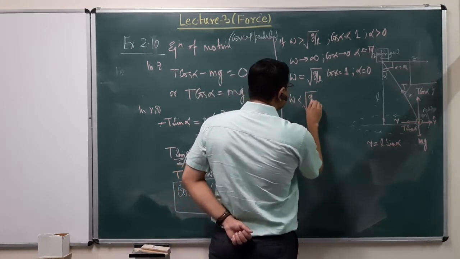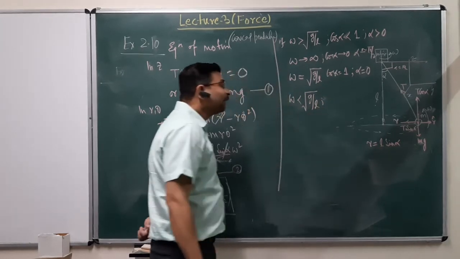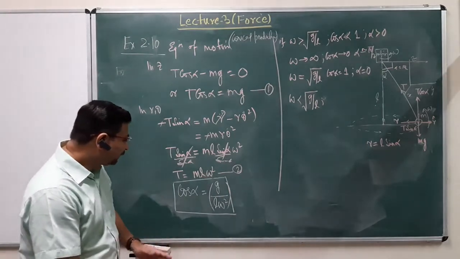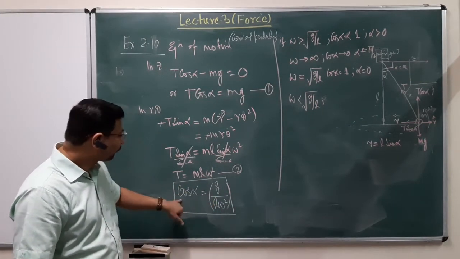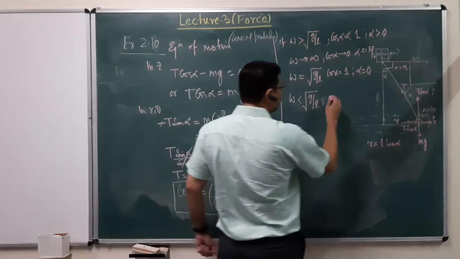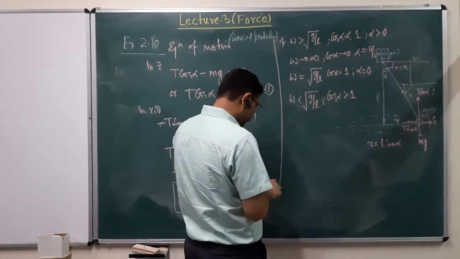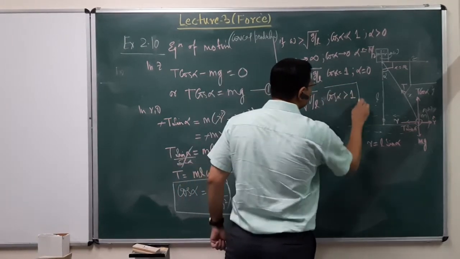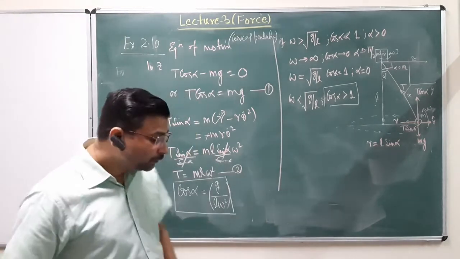What about when this goes less than the square root of g by L? That means if omega square is less than g over L, then cos alpha from that expression is greater than 1. However, cos alpha cannot be greater than 1. It's a trigonometric function.